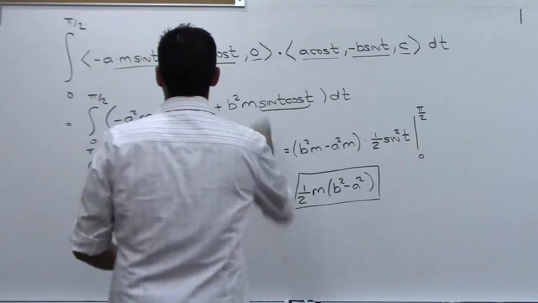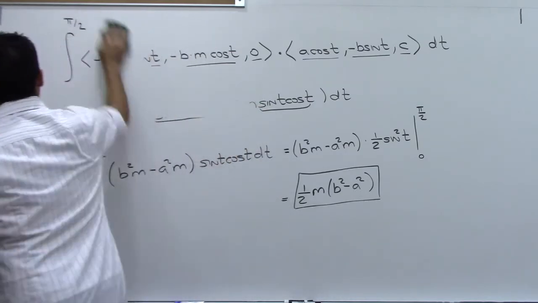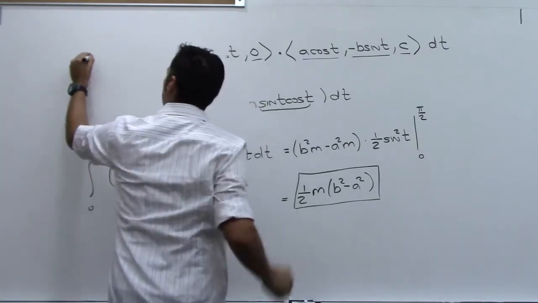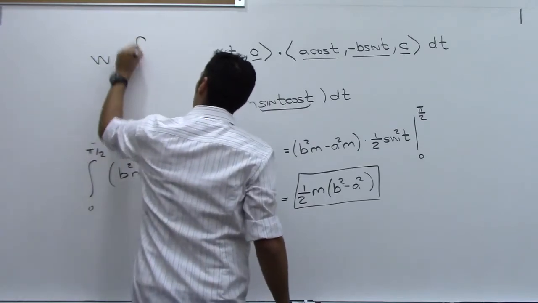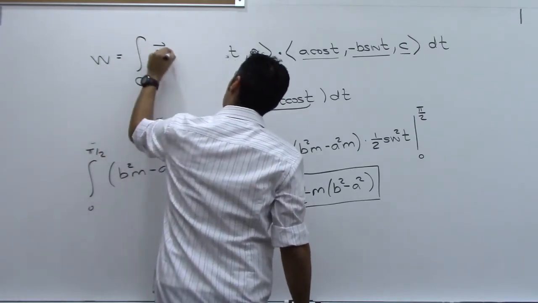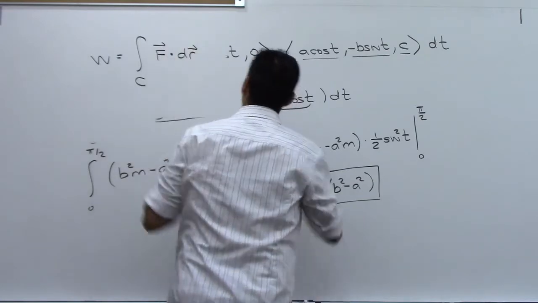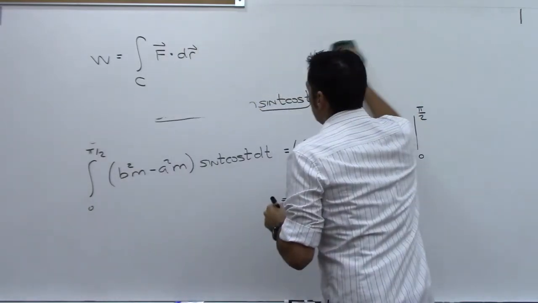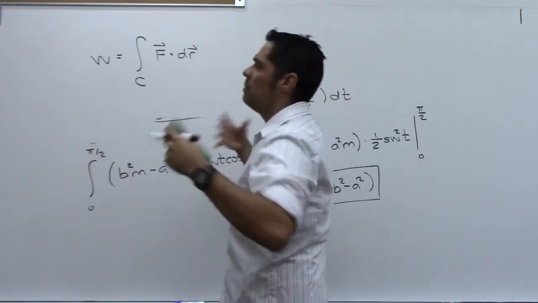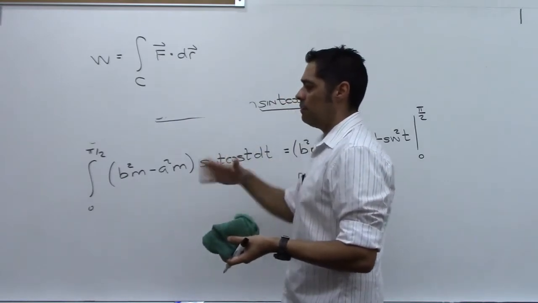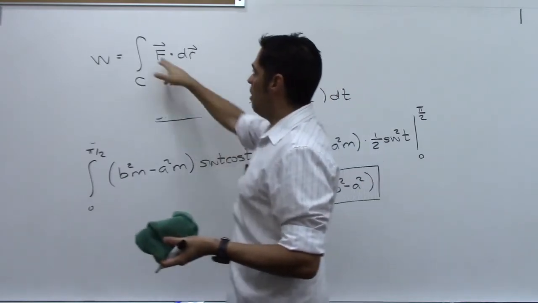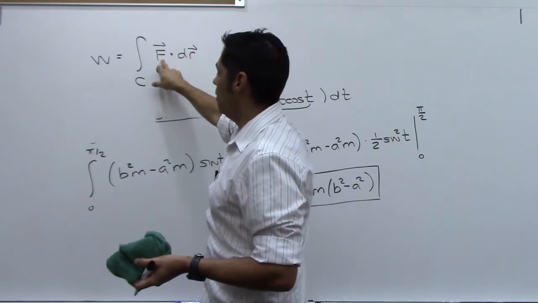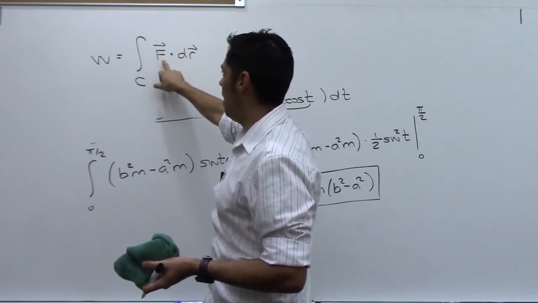So I guess what I can stress to you again here is work was the line integral over c of f dot dr. I mean, that's what it is, right? Now, if we come up with the parametric representation for the curve c, then we have to plug that into the vector field in order to figure out what this f is.